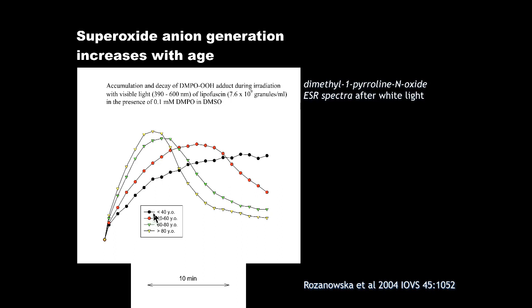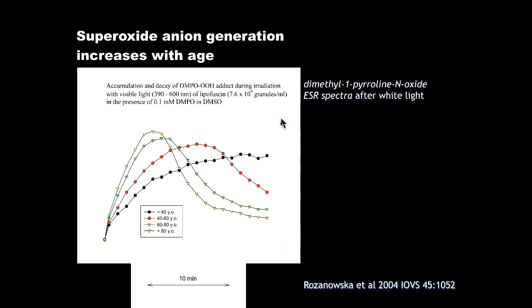Here we have in black people below 40 years, and in yellow people older than 80 years, and the other two are in between. These granules were kept in a specific experimental setup under which the formation of radicals can be analyzed by electron spin resonance spectroscopy after illumination.